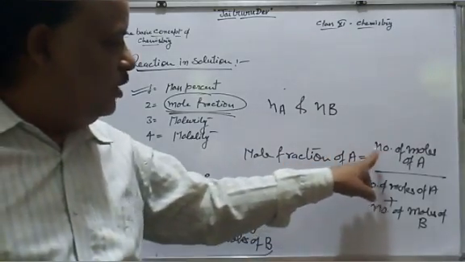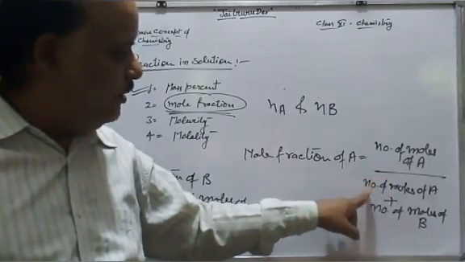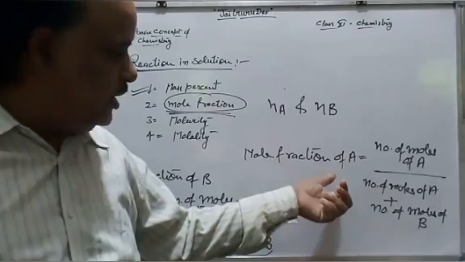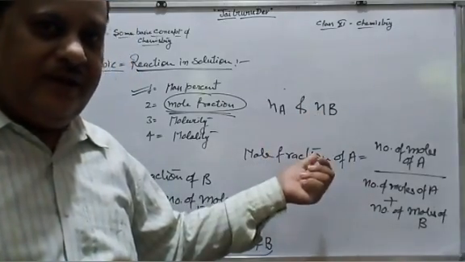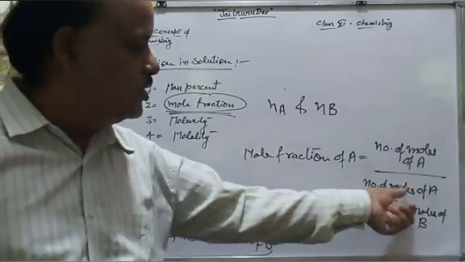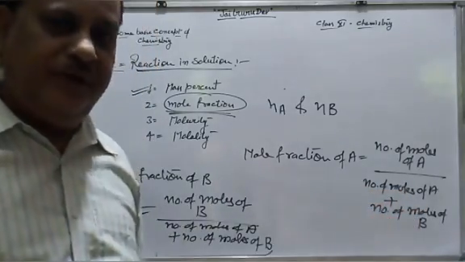Mole fraction of A equals number of moles of A upon number of moles of solution. And this is a binary solution, only two substances A and B are dissolved. So number of moles of solution is equal to number of moles of A plus number of moles of B.